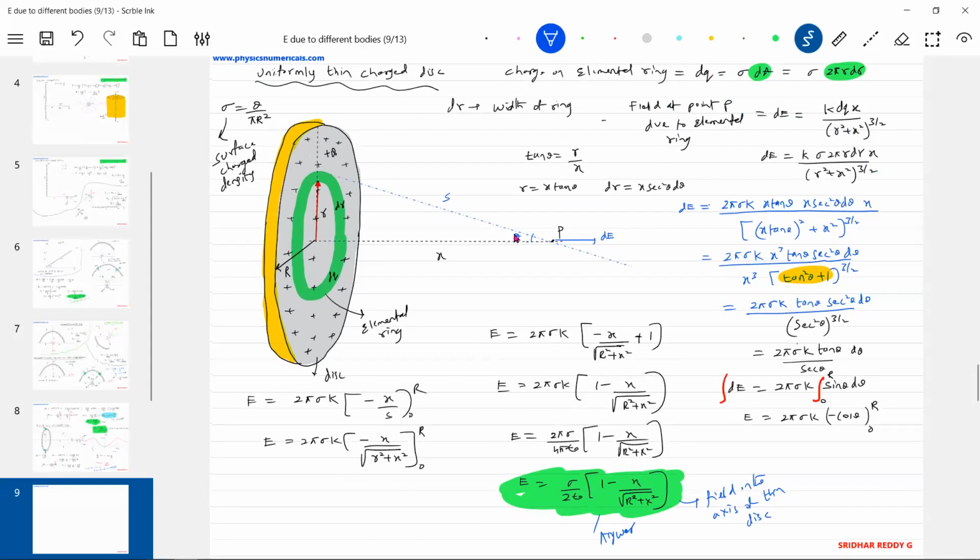Okay, see once. So this is the field due to a ring, and field due to a uniformly thin charged disk. These are the formulas you have to memorize. Make a habit of remembering things.